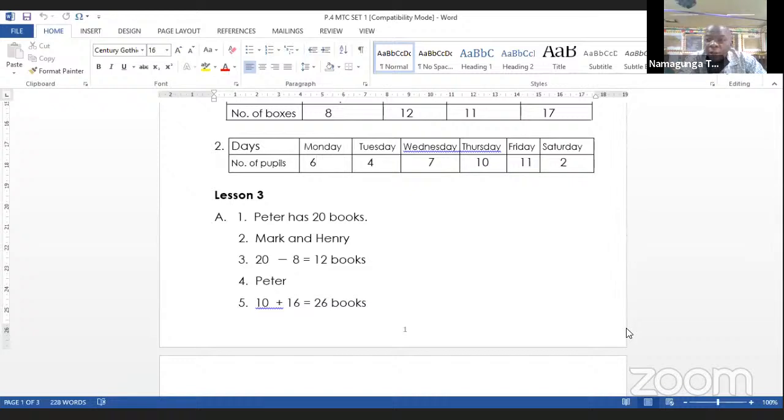Yes, teacher. Answer the question. We are asking, number 3, how many more books does Peter have than Ryan? Oh, Nasuna is not online. Nasuna, let me choose another person.